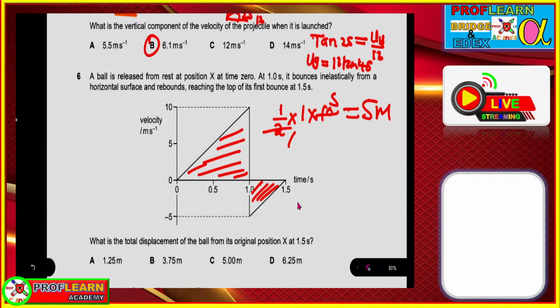Working out this one is going to be a half times the base, which is 0.5, times -5.